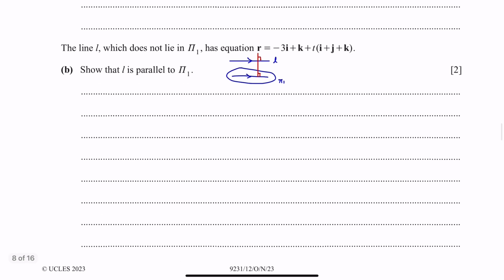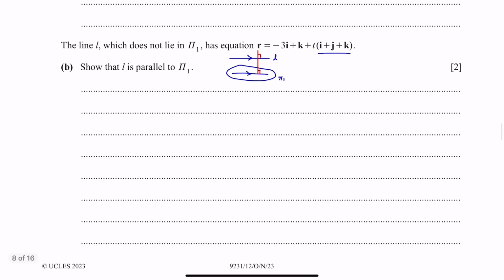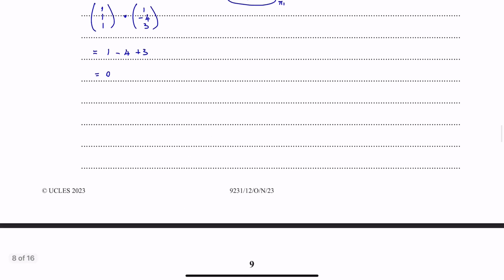So this will be the directional vector of line L, which is (1, 1, 1), dot product with the normal vector, which is (1, -4, 3). It's 1 minus 4 plus 3, which is 0. So let's just explain a little bit.